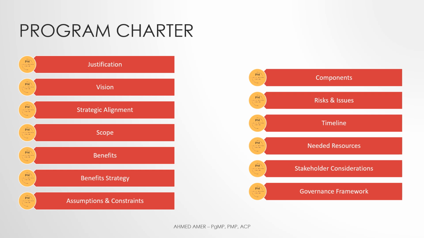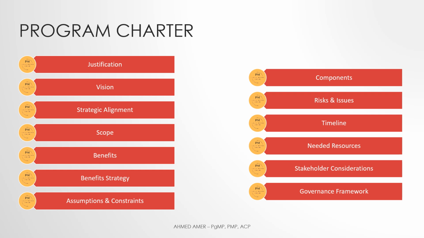Risks and issues. What are the initial risks, opportunities, and issues identified? Timeline. What is the total length of the program, including all key milestone dates? Resources needed. What are the estimated program costs and resource needs, such as personnel, training, travel, etc.?